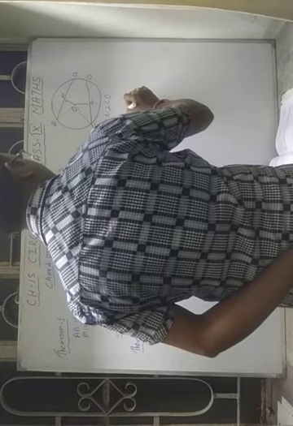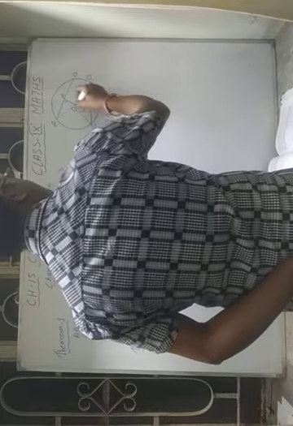So if you draw the perpendicular, that means here. When you consider triangle OMA and triangle ONC, what will you get? AM is equal to CN. Why does AM equal CN?